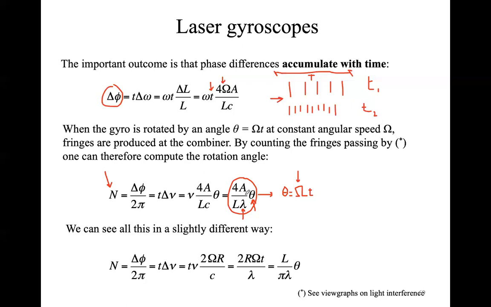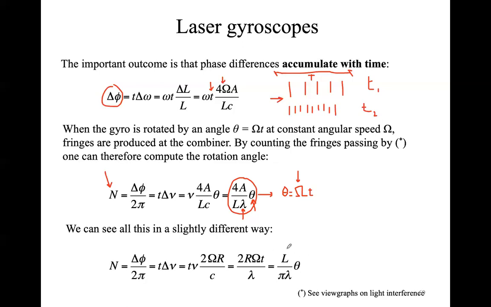So what you can see is that you can also write n as equal to the length of the path of the gyroscope divided by pi and lambda.